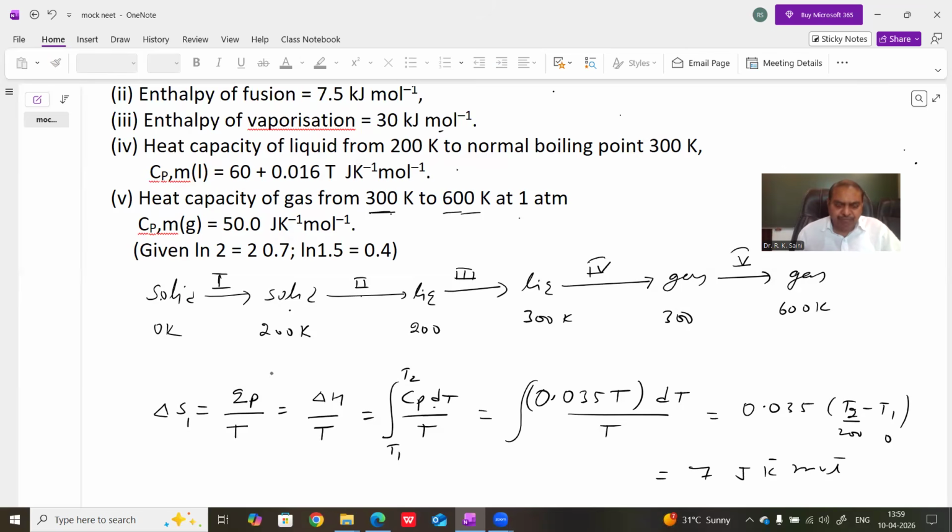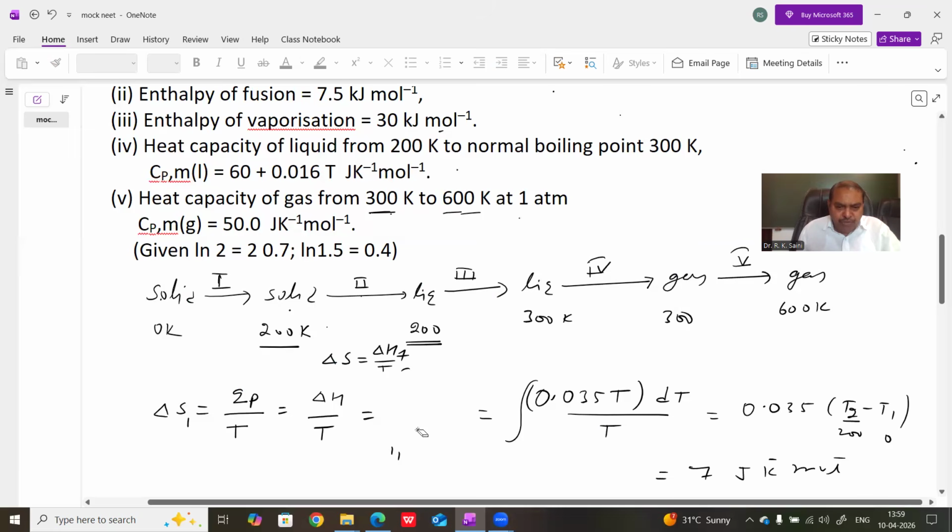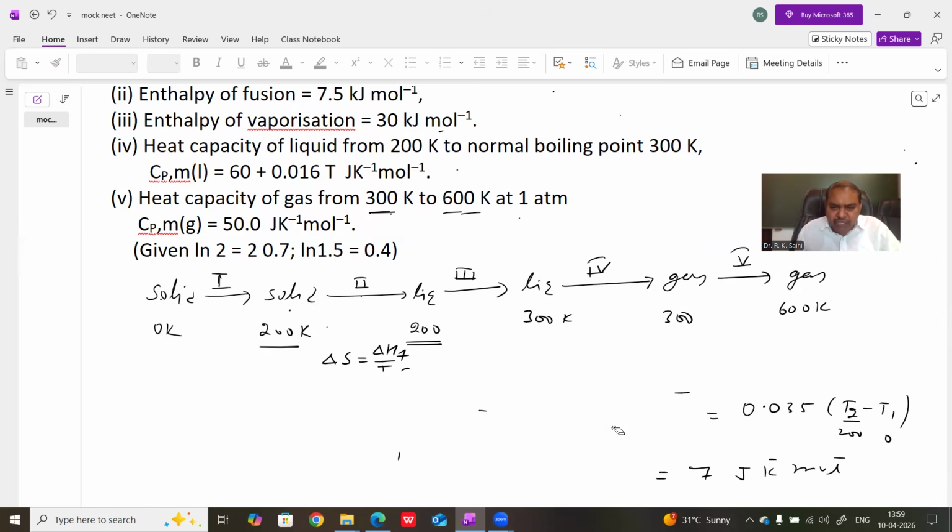Step second is known as the fusion entropy of the substance, and fusion entropy equals fusion enthalpy upon fusion temperature. The fusion enthalpy at the melting point is given as 7.5 kilojoule.